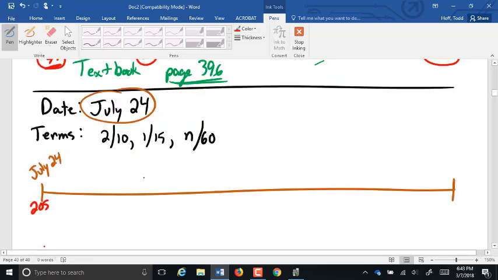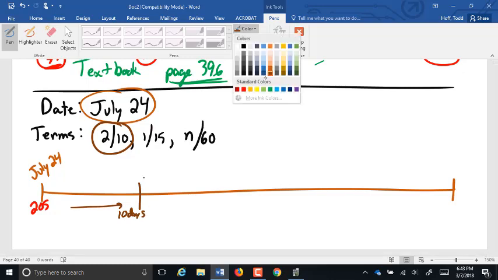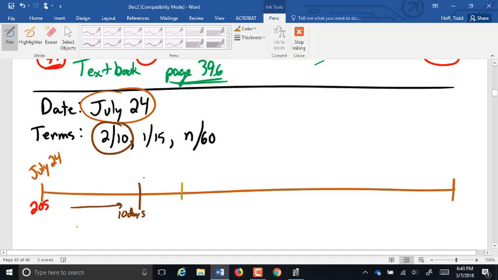Now, there are two discount periods listed here. We have a 2% discount period that goes 10 days. And then we have a 1% discount period that goes to 15 days.